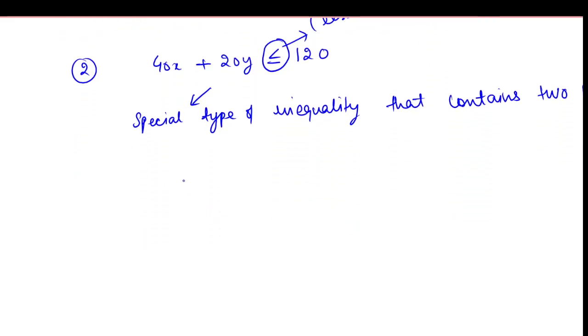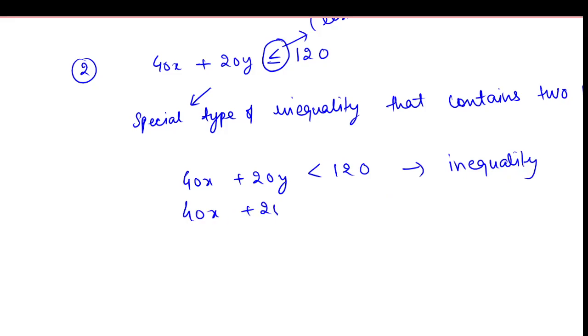First is 40x plus 20y is less than 120, which is an inequality. Second is 40x plus 20y is equal to 120. So this is an equation.